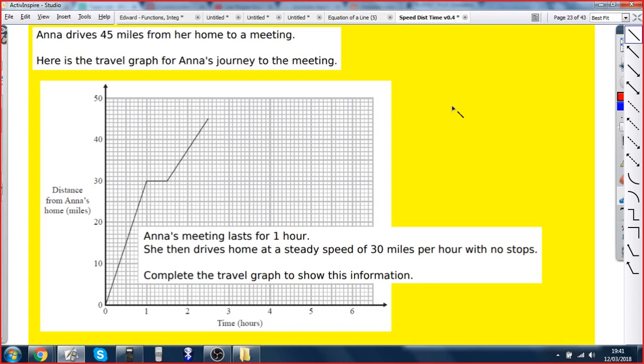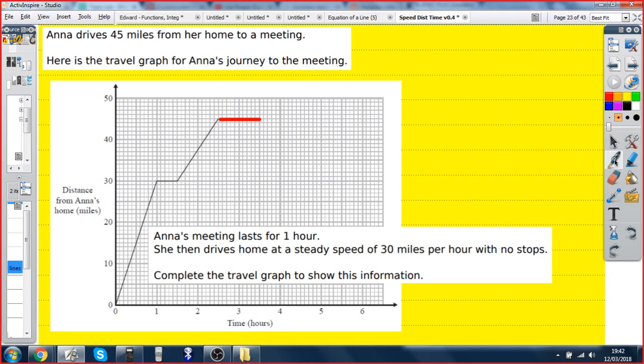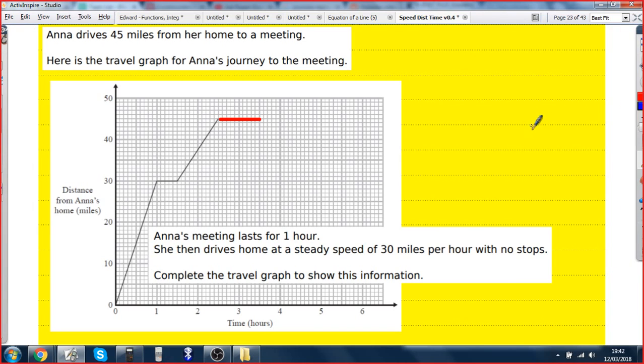Yeah. So then she stops for an hour. So you'd just do a line to 3.5. Yeah. So halfway between 3 and 4. Okay.